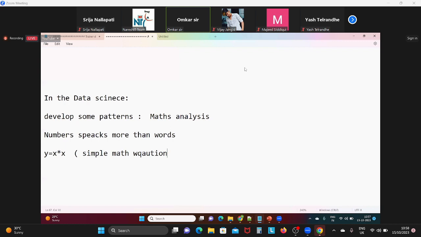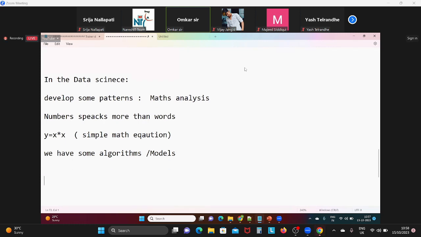In the same way, we have some algorithms available. What is the name of these algorithms? Another name for algorithms is models. Either it is algorithms or models, they divide into three parts mainly. One is machine learning algorithm.